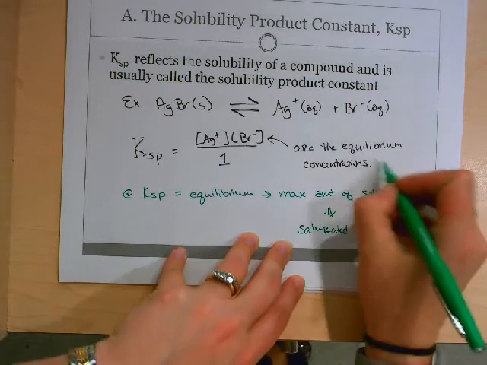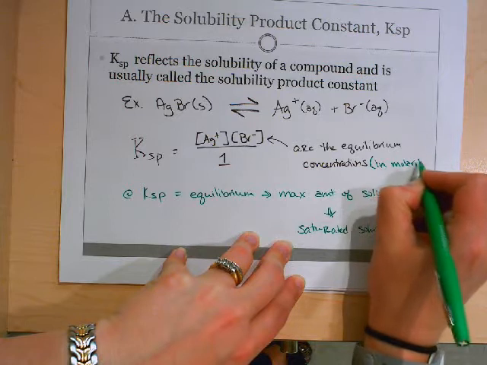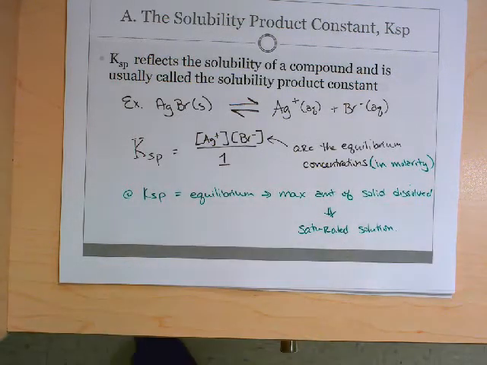Concentrations are going to be in molarities, because big K is always in molarities.